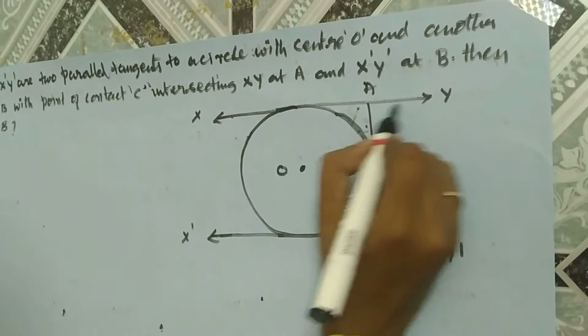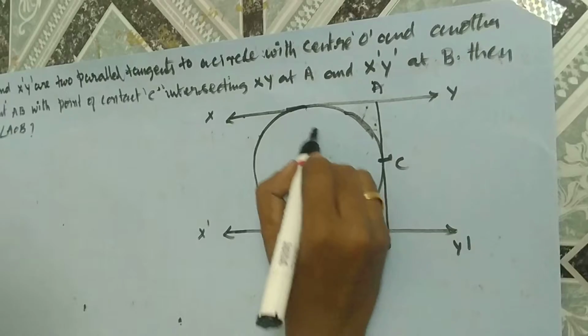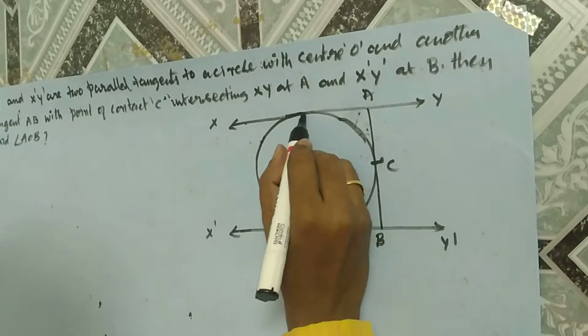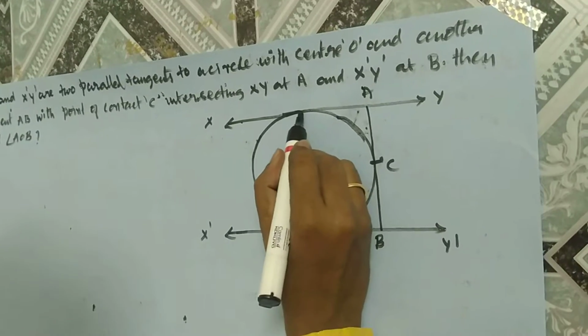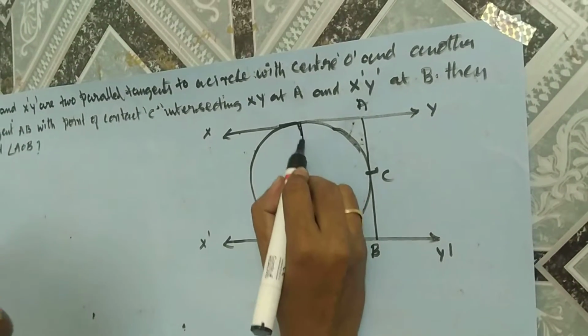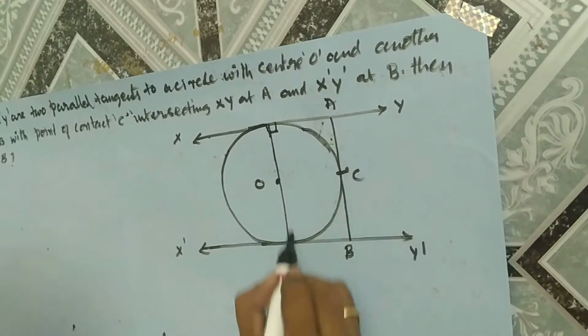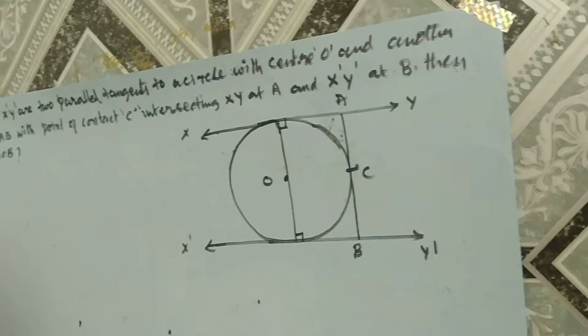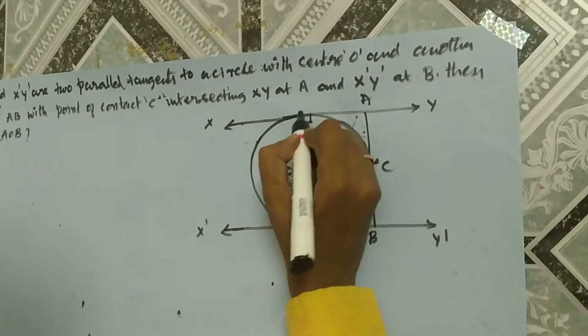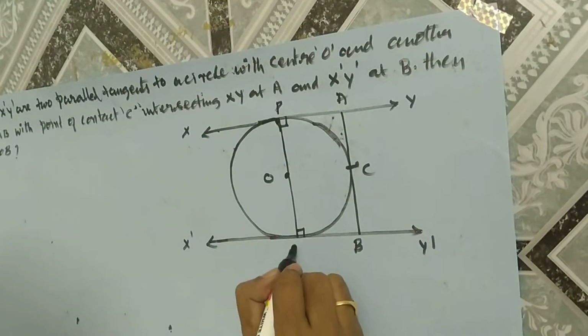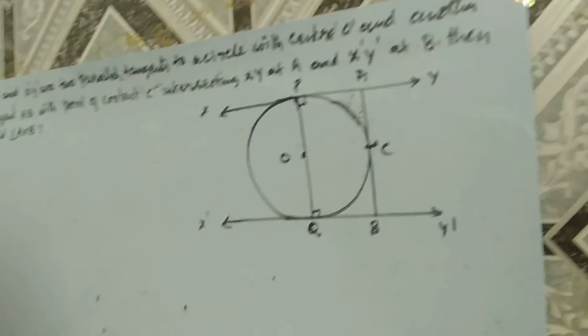Already we know that a tangent drawn from an external point of a circle is perpendicular to the radius, so it is 90 degrees. This side will also be 90 degrees. Let this point be P, and this point Q.